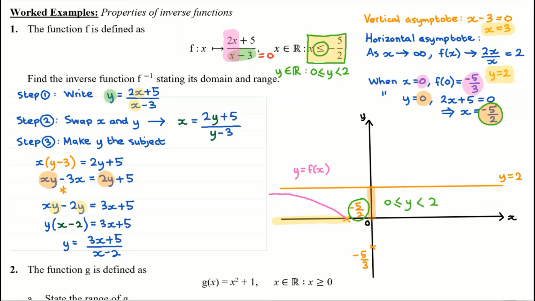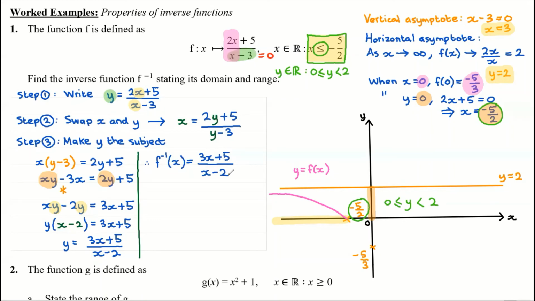There's a lot of algebra work there, so I'm just going to draw a line there. So we write the function now. We don't write it as y. So therefore, f to the minus 1 of x is equal to 3x plus 5 over x subtract 2.